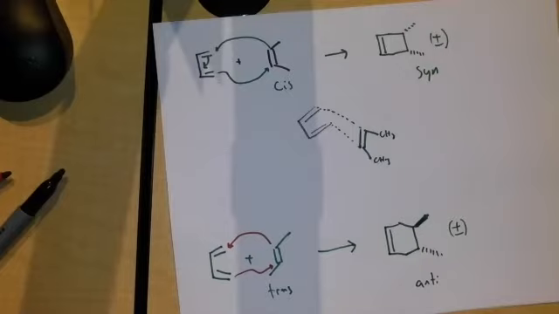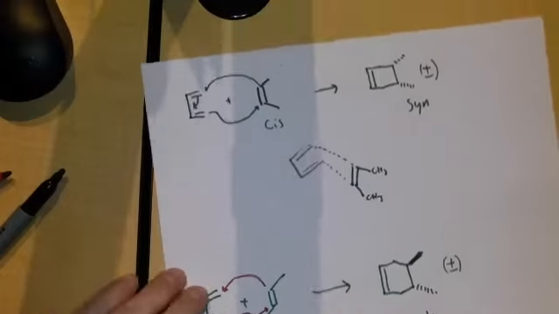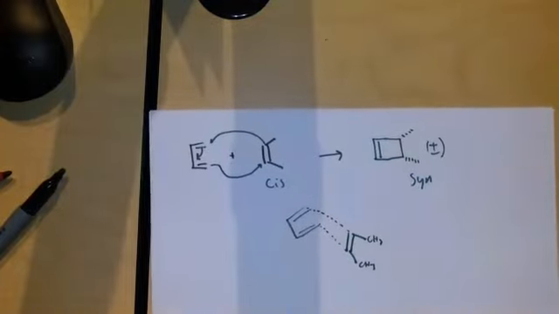Let's start talking about asymmetric molecules. Everything up till now has a plane of symmetry to it. If we get rid of that plane of symmetry, it means that we can have two different products.